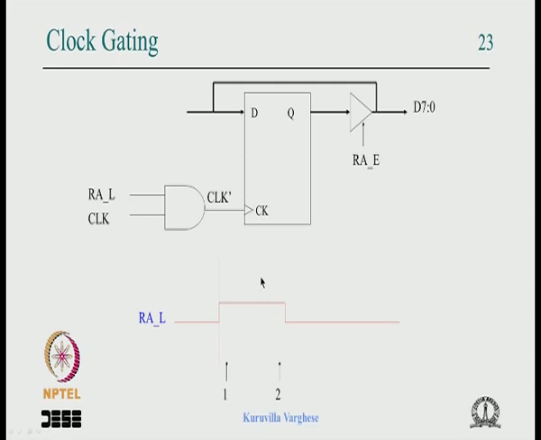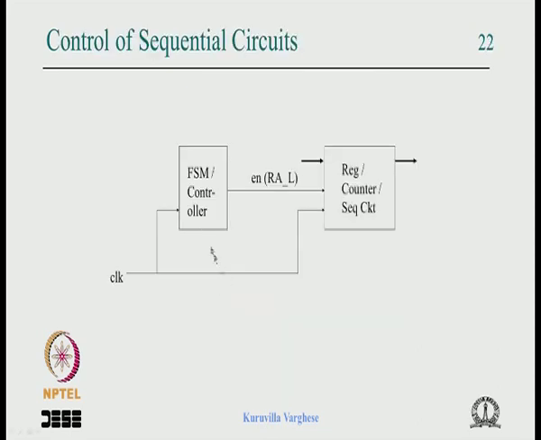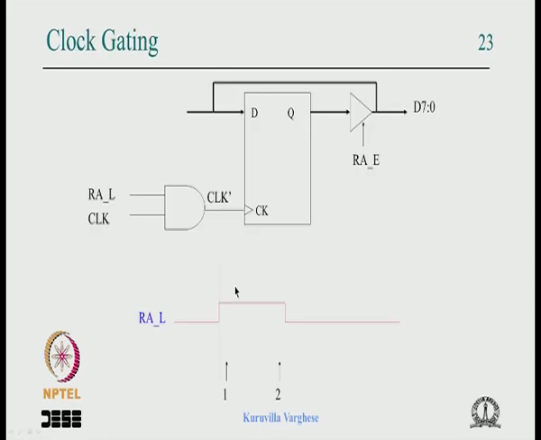Now at the time of discussing this we did not look at the timing, because we did not learn enough about the state machine. Now since we have learned, we can look at the timing. Assume that this is coming from a state machine. So the pulse is like that, but we know the relation of this pulse to the clock of the state machine, so I am putting in the clock waveform.